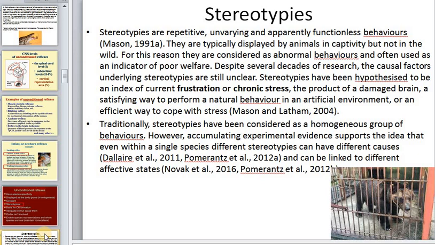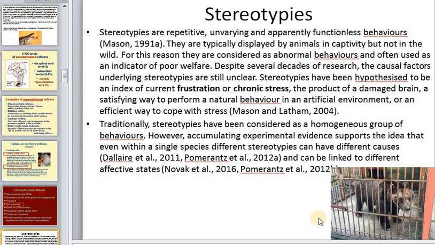What is this? Stereotypes are repetitive and involuntary, sometimes apparently functionless behaviors, and they are typically displayed by animals in captivity but not in the wild. For this reason, they are considered abnormal behaviors and often used as an indicator of poor welfare or damage of the brain, especially for animals in a zoo in a very small space with very poor movement.